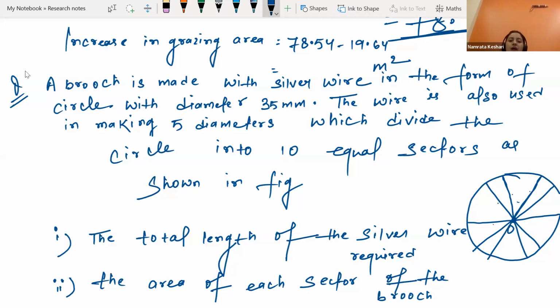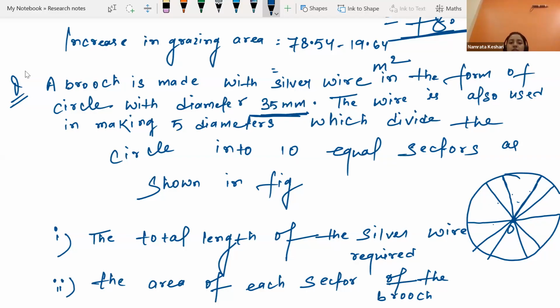So this is how we have the figure, with the diameters given inside it. A brooch is made up of silver. It's made up of silver wire in the form of a circle. The circle has a diameter of 35 millimeter.